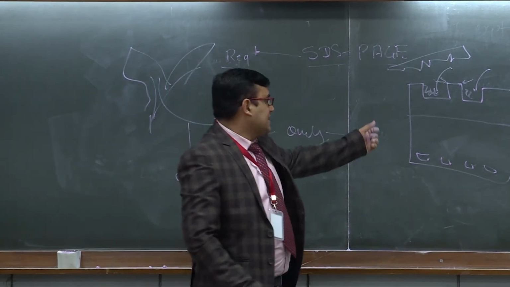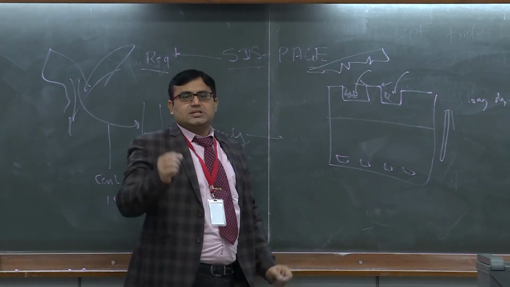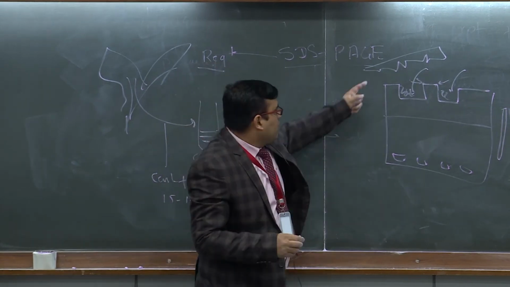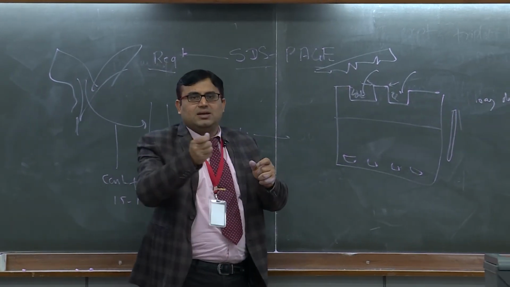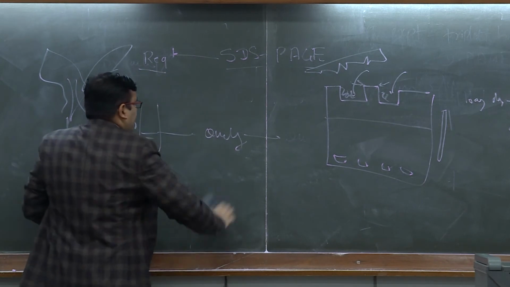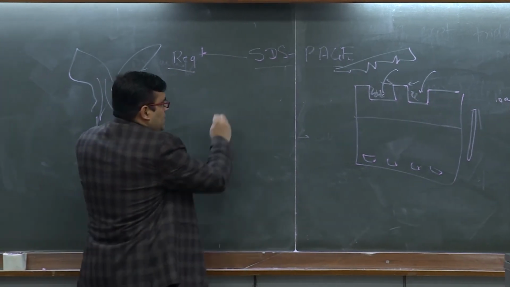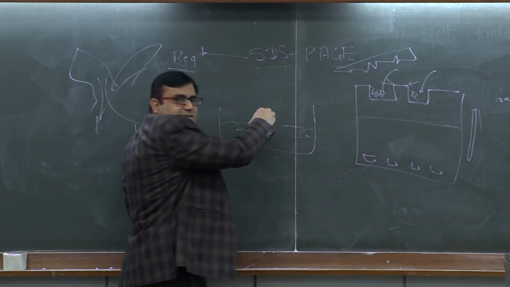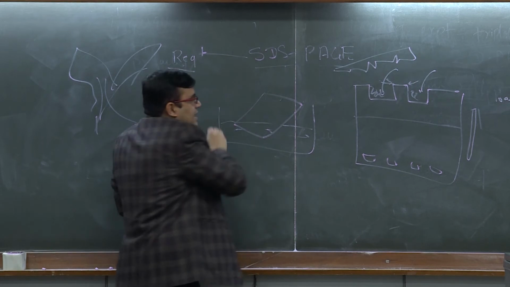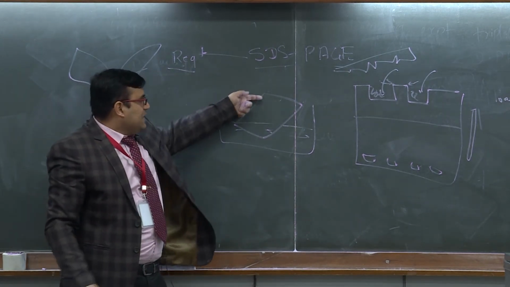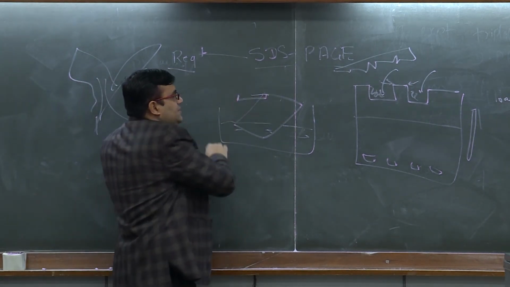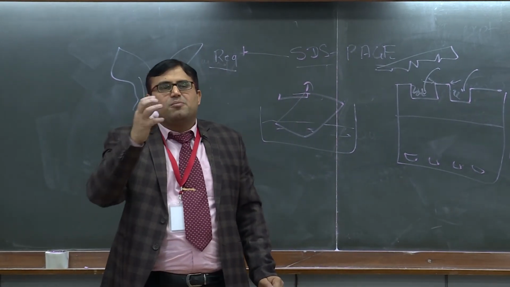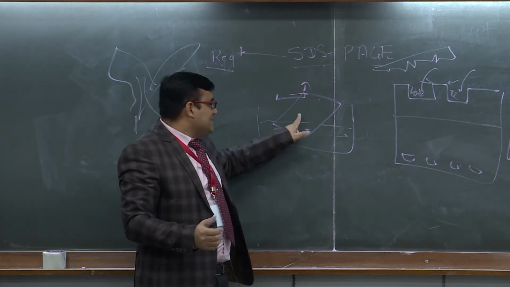Once your run is complete, from one corner, using some thin strip or sometimes a spatula, you just give a jerk. Take water in a tray, fill it with water, take this plate, put it at an angle like this, then put a spatula at one corner and just give a jerk.